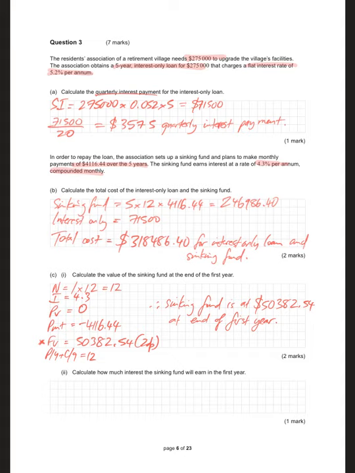Calculate how much interest the sinking fund will earn in the first year. So it's an investment, so interest is equal to the future value, which is $50,382.54, minus the payments made into it and any starting amount. So you started off with nothing, plus you made 12 payments of $4,116.44.